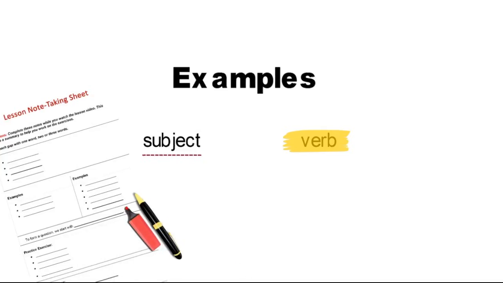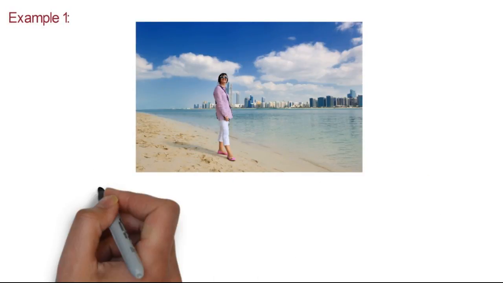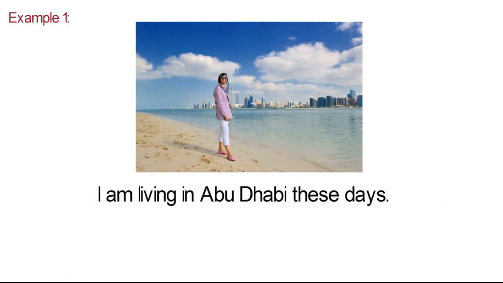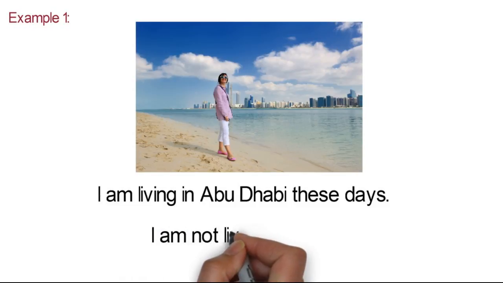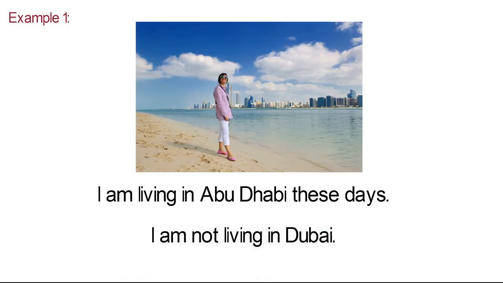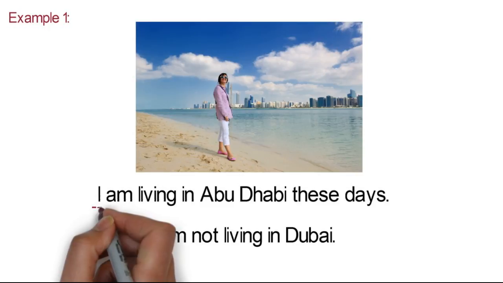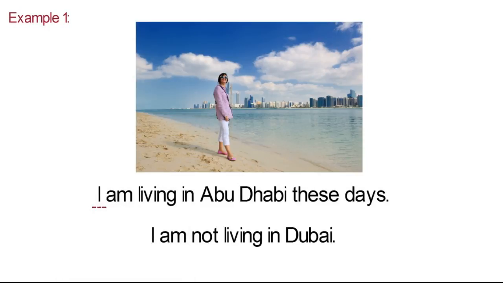Are you ready? Example 1. I am living in Abu Dhabi these days. I am not living in Dubai. In example 1, the subject of the first sentence is I. The verb is am living.